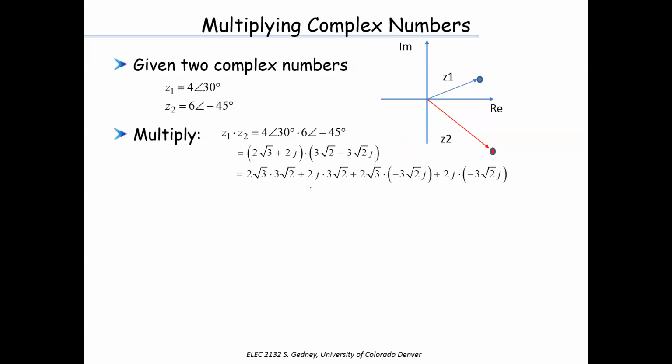So what I see is that the product of the two real terms gives me a real number. But it turns out the product of the two imaginary terms also gives me a real number, because it gives me a j squared, which is a minus 1. The product of the two cross terms gives me imaginary numbers, because a real times imaginary will always give me an imaginary number.